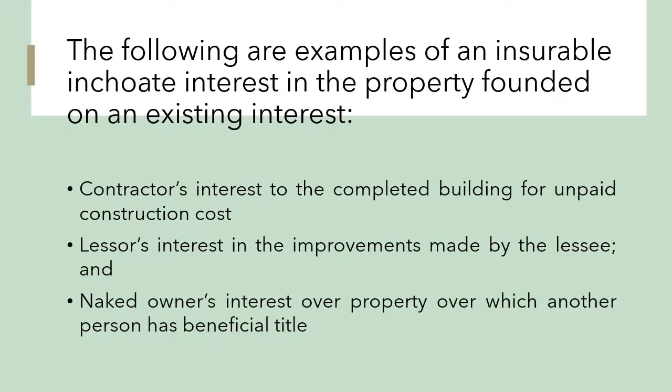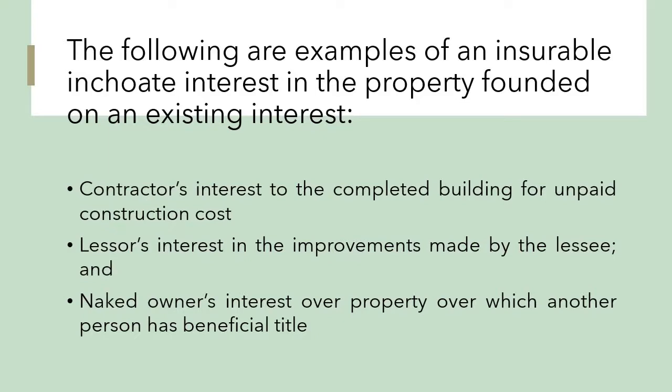The following are examples of an insurable inchoate interest in the property founded on an existing interest: 1. Contractor's interest to the completed building for unpaid construction cost. 2. Lessor's interest in the improvements made by the lessee. And 3.